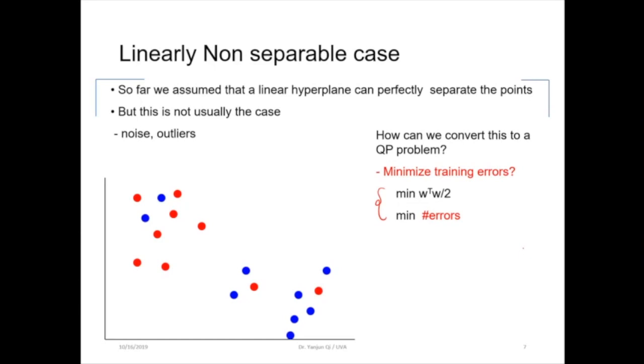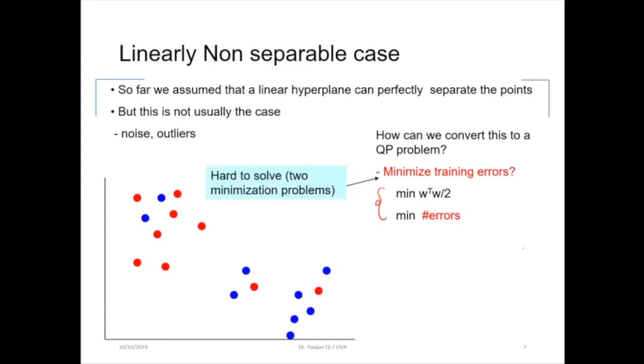But now I'm not looking to classify all the points correctly. My constraint changes: I want to minimize the number of classification errors I'm making in my training data. So I still have two goals, but slightly different from the separable case.